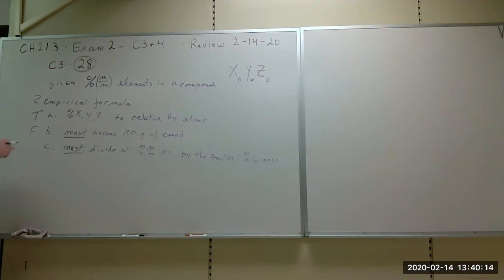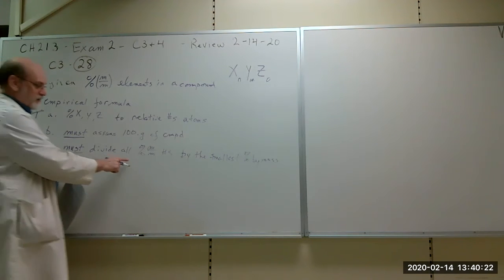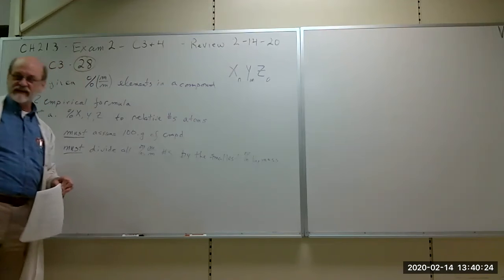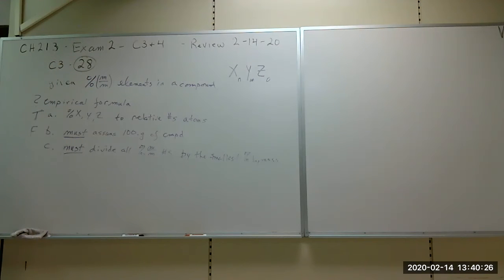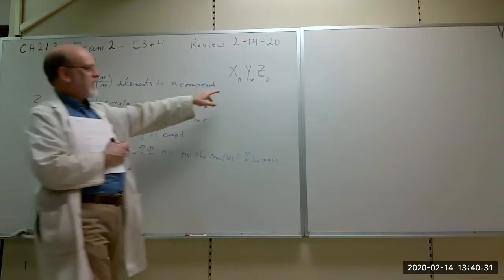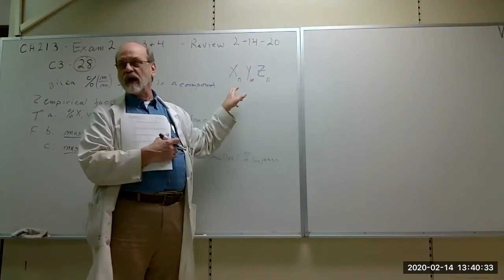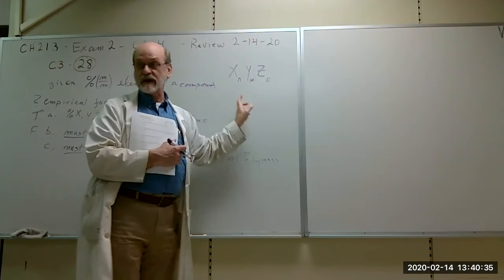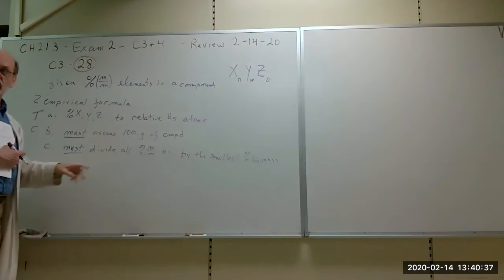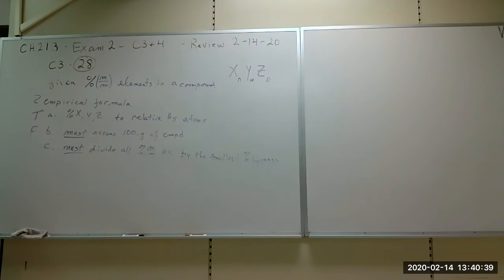Right? So this is false on 2 levels. Must divide, no, you don't have to divide. It's just convenient. And percent by mass, you don't divide the mass first. You got to find out the number of moles because this is represented by numbers of atoms, not masses of atoms. Right? You don't ratio them until you get the mole ratio of each of the elements. So this one's false.